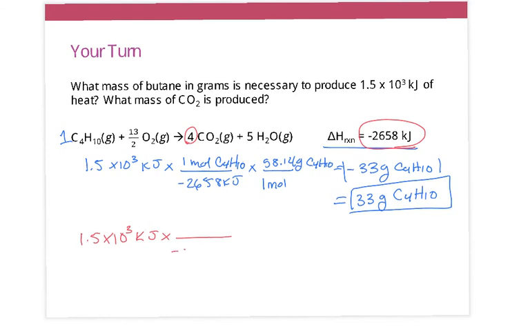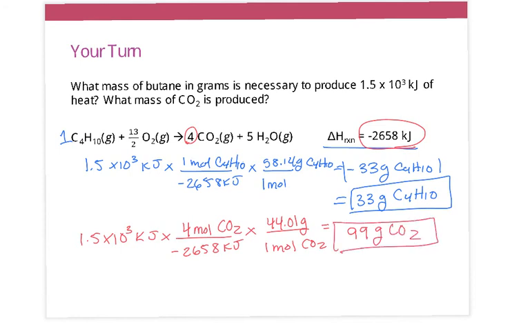So we get 2,658 kilojoules of energy, and we produce 4 moles of carbon dioxide. All right, and now we want to convert to grams. So we use the molar mass of carbon dioxide, which is 44.01 grams per mole. And so we end up with 99 grams of carbon dioxide.